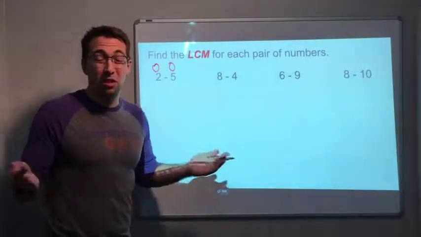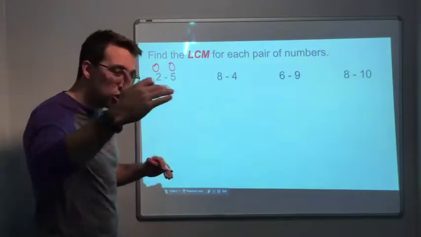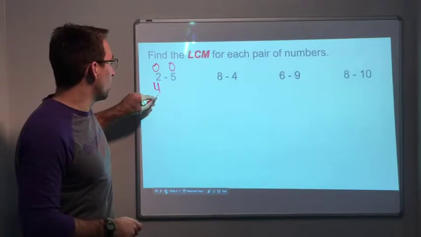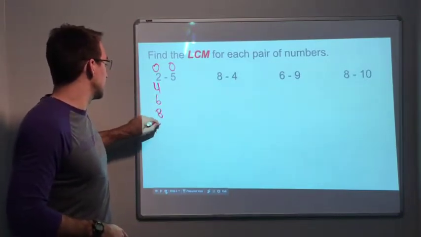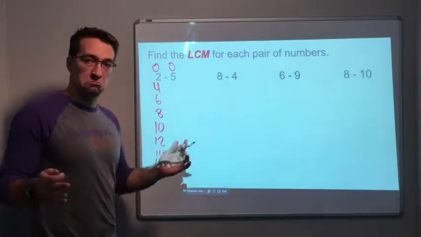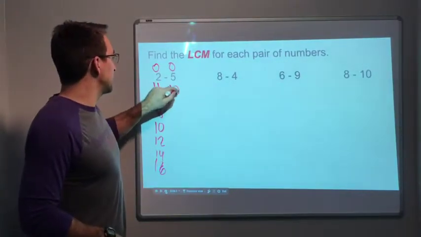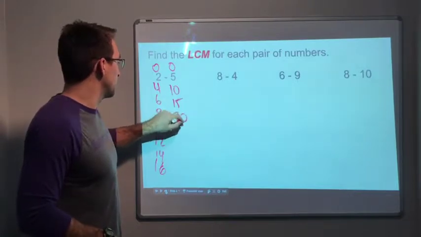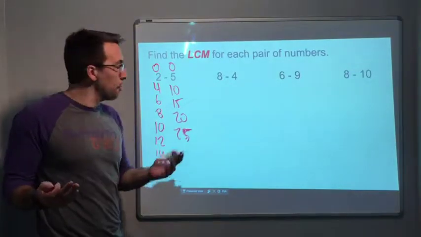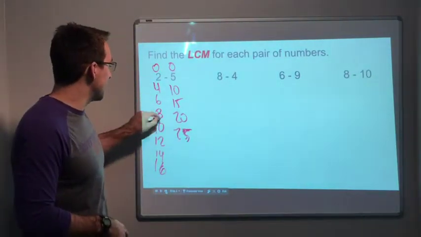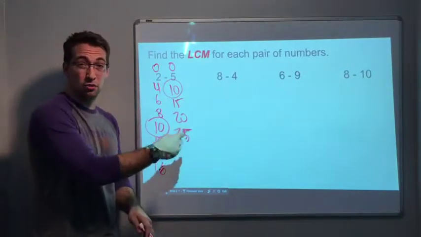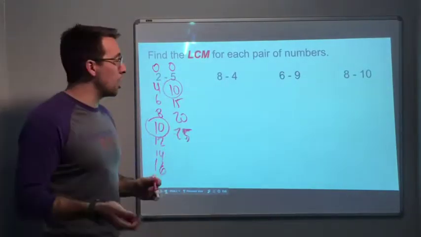You can always start with 0 to make sure you get as far back as possible. 0, 2, 4, 6, 8, 10, 12, 14, 16. 0, 5, 10, 15, 20, 25. What is our least common multiple? Oh, look, it's 10. 10 is the first number that's matching, the smallest number that's matching from both columns.